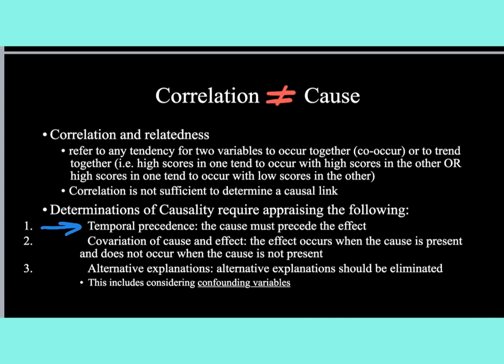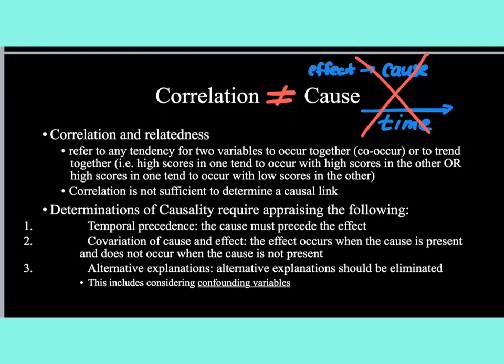If one thing causes another, the cause must come before the effect. If they occur at the same time, or if the theoretical effect comes before the cause, a causal relationship cannot be determined as hypothesized. Temporal precedence, therefore, requires that the cause occur before the effect.